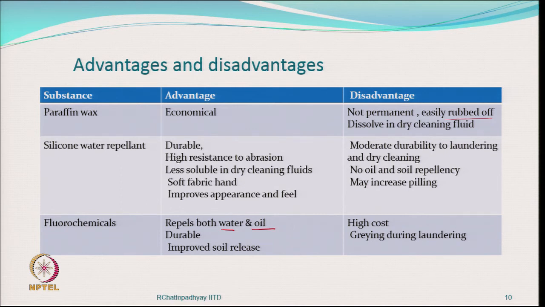That is the advantage we have with fluorochemicals. They are durable in nature and they improve soil release, but the disadvantage is that they are costly. That is the disadvantage with fluorocarbons. But depending upon the end use, we can choose one of them to make the fabric resistant to water, or to water and oil.